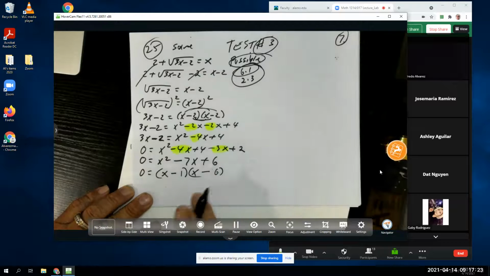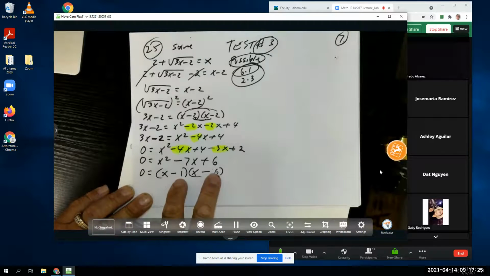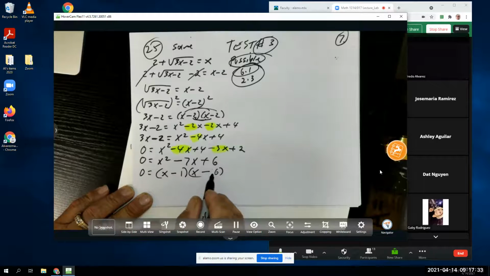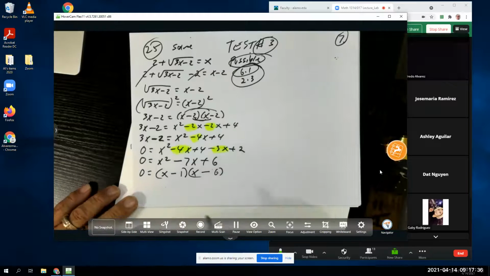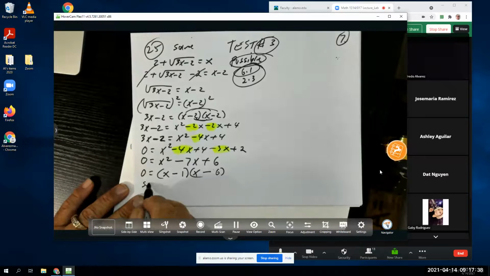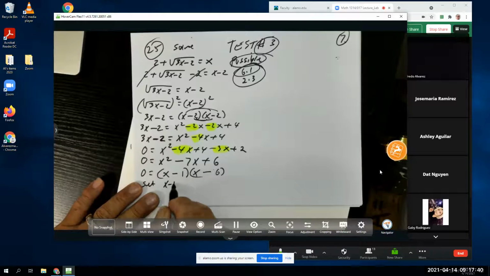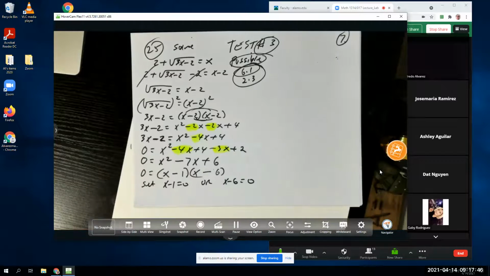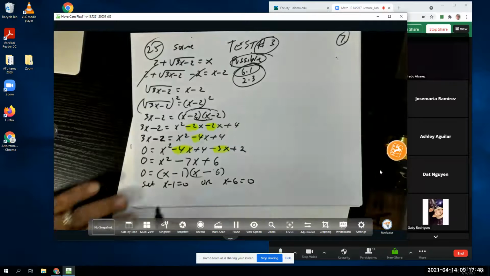And negative 6 and negative 1 together, the negative $7 out of your wallet, is negative 7, right? So this first times first is first, last times last is last, and the two middle ones, negative 6 and negative 1, is negative 7. So now, I know that's set up right, but I need to solve this one here. x minus 1 equals 0, or x minus 6 equals 0. Looks like we're going to get two answers, right? Solving x minus 1 equals 0, what do we do?